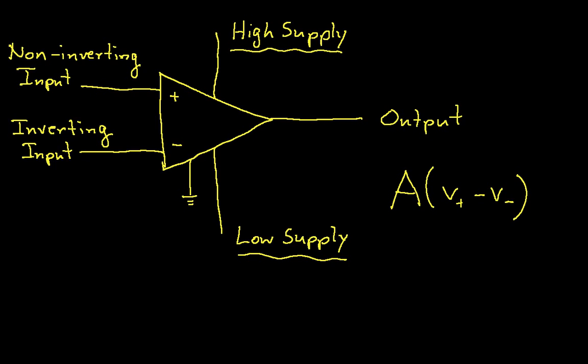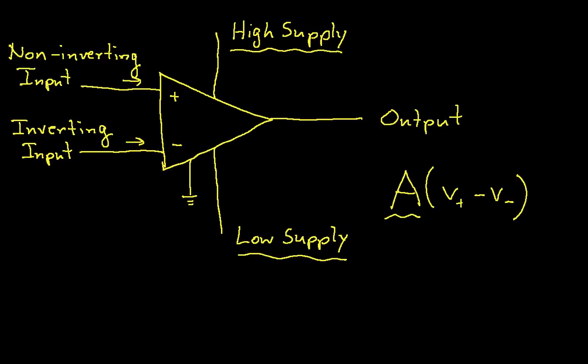Now, op-amps typically have what we call very high input impedance. So the current going into each of these nodes or out of each of these nodes is very low. The gains are usually pretty big, typically somewhere between about 1,000 and 100,000. The output has an internal resistance, which is typically very low.